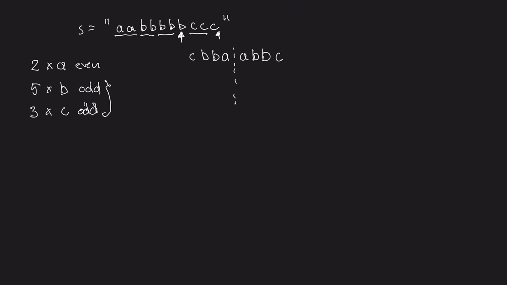So if I pick C and put C in the middle, I can create a longer palindrome than the one I already have: C in the middle, A, B, B, C, and here A, B, B, C. So this is the longest possible palindrome. We used all the characters except a single letter B, and we noticed that there were two odd-numbered letters, and we could use one of them but not both. And this is the basis of our improved algorithm.